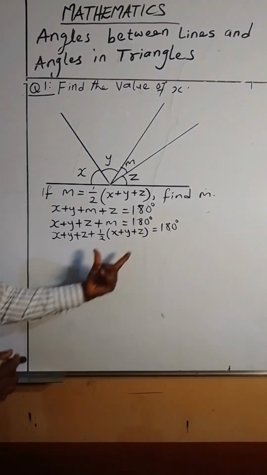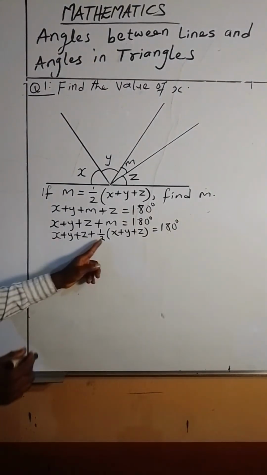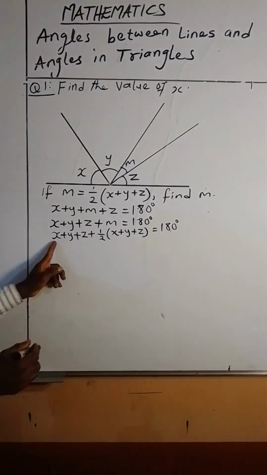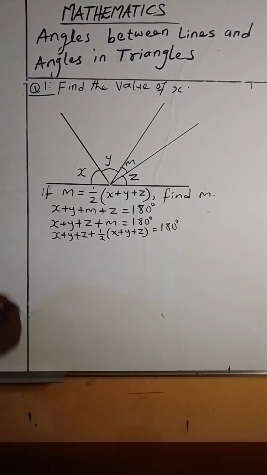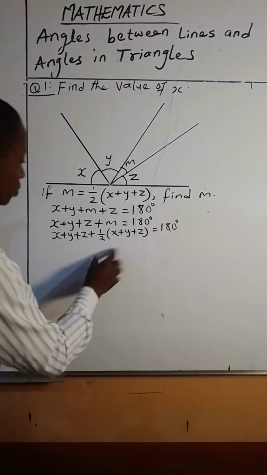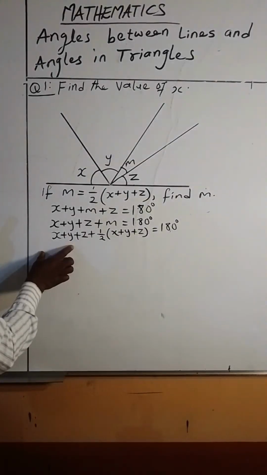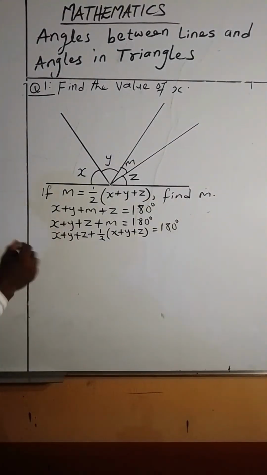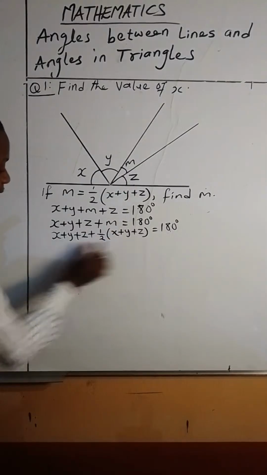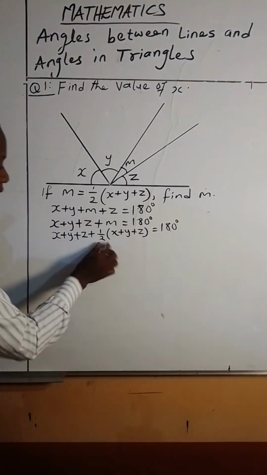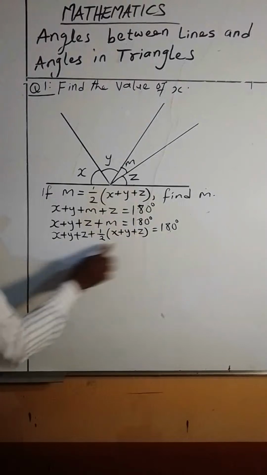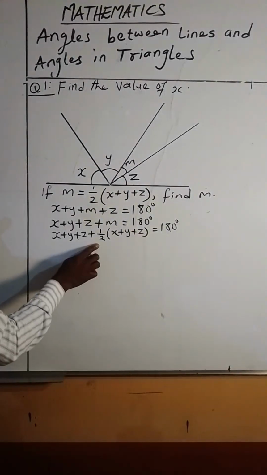All right. So if we add up half of x plus x, that is 3/2 of x, which means we have one and a half of each of them. What it means is that we just take half of x, add it to x, take half of y, add it to y, take half of z, add it to z.